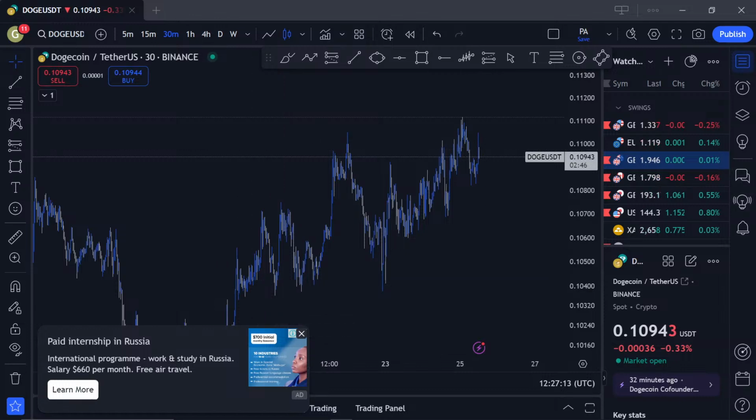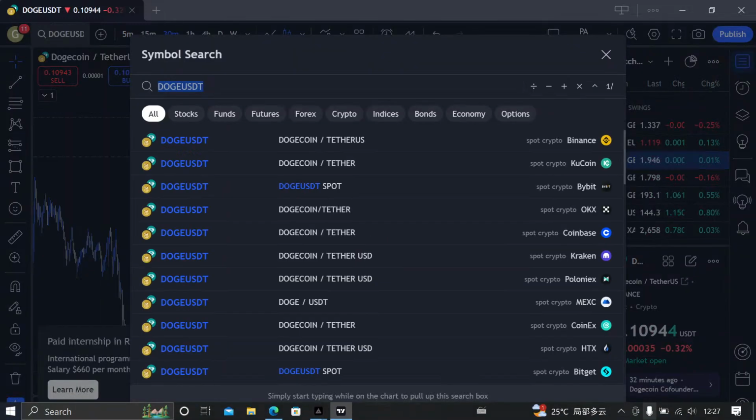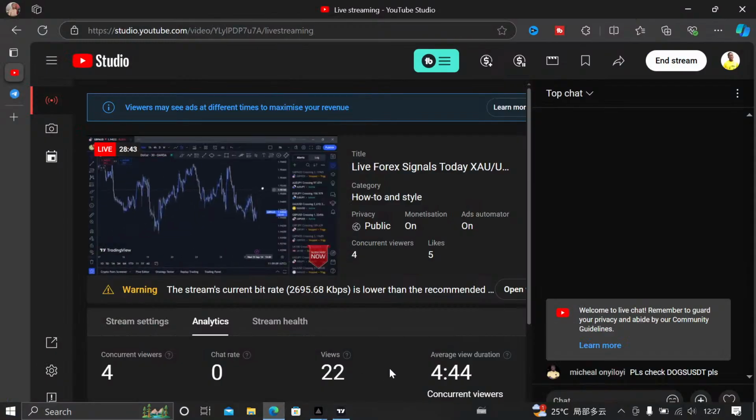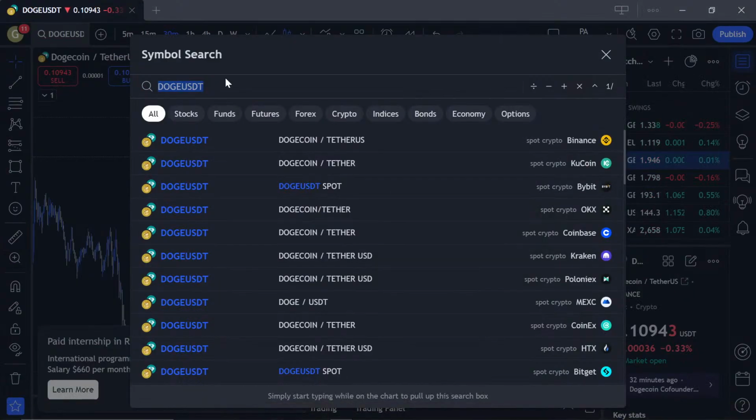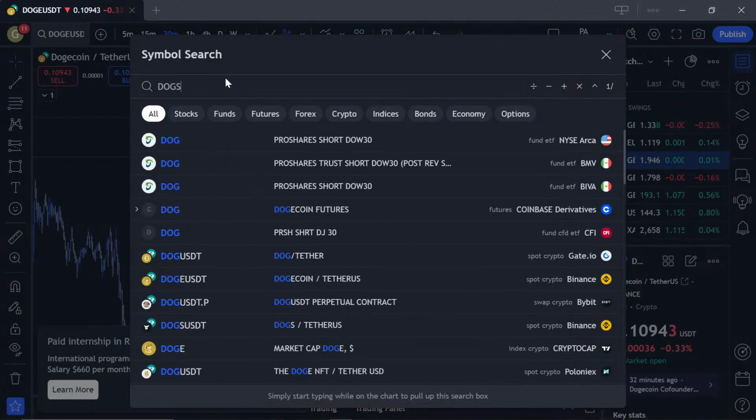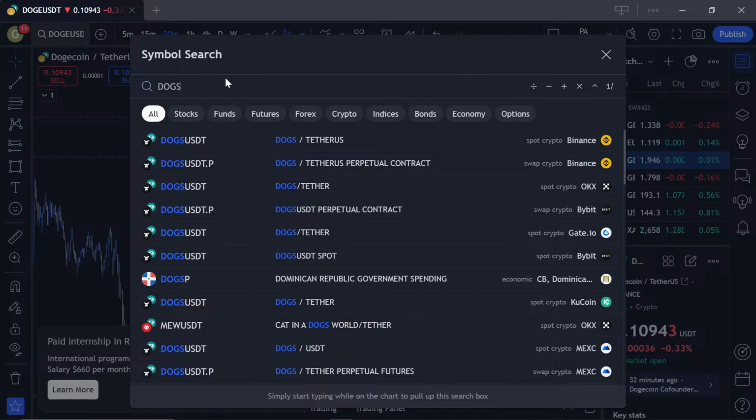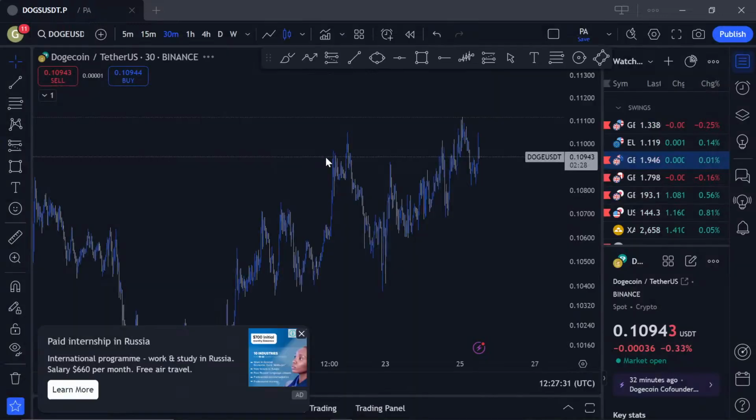Okay, this is DOGE, not DOG. Whoever requested for this market, please tell me exactly the name, so that you let me confirm the name you got.